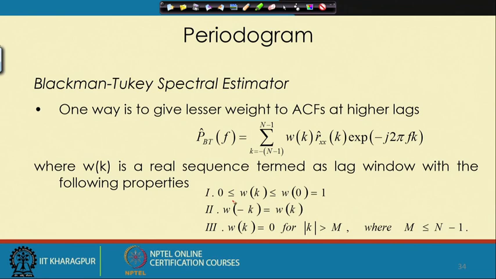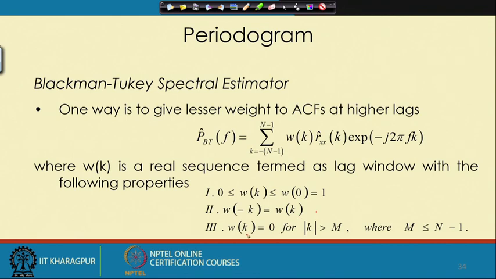So, for all the other lags, the value should be between 0 and 1. Next, as the autocorrelation estimates are even for real data, the same would be true for the window. So, it should be an even function.